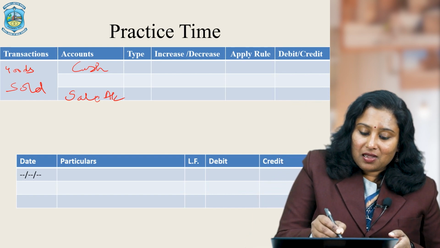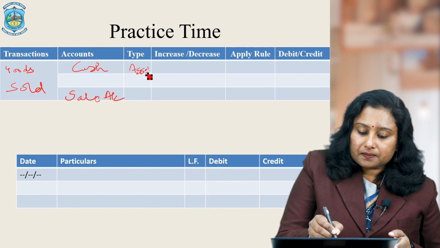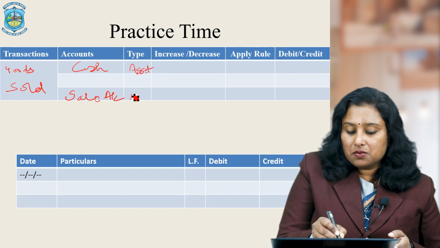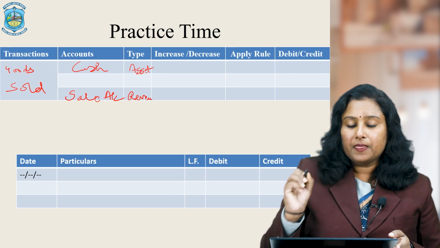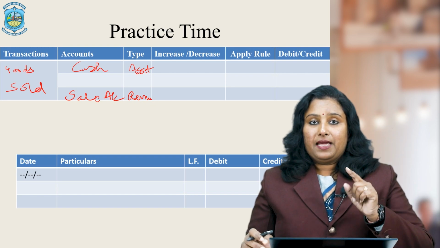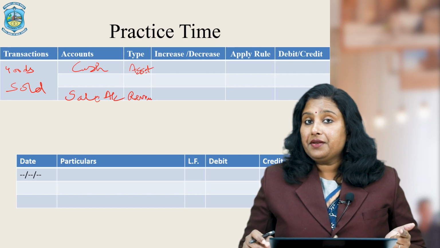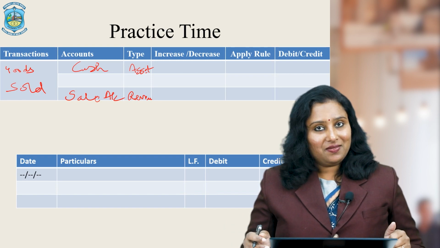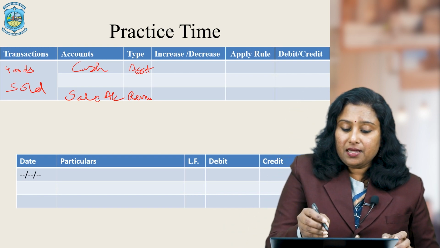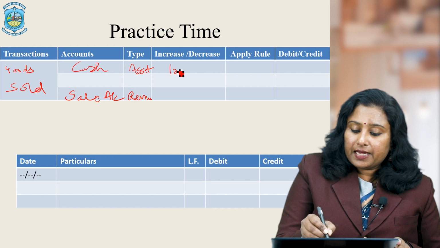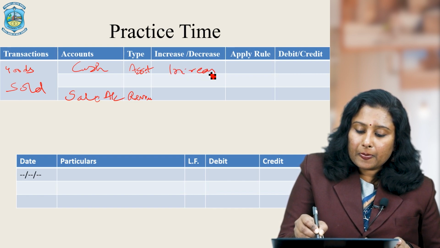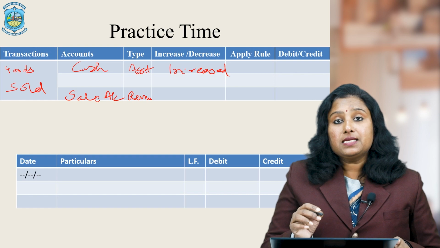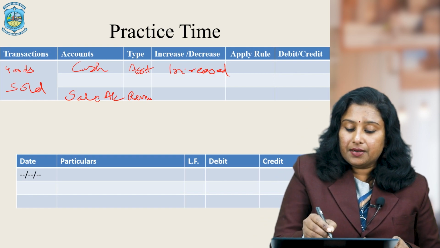So, the type of account is asset, whereas sales account is a revenue account, right? Now, apply the rule. Whether the assets are increasing. Yes, we are receiving cash and the cash is increasing, asset is increasing. Therefore, we observe that the cash has increased, whereas sales account, the revenue, also has increased.